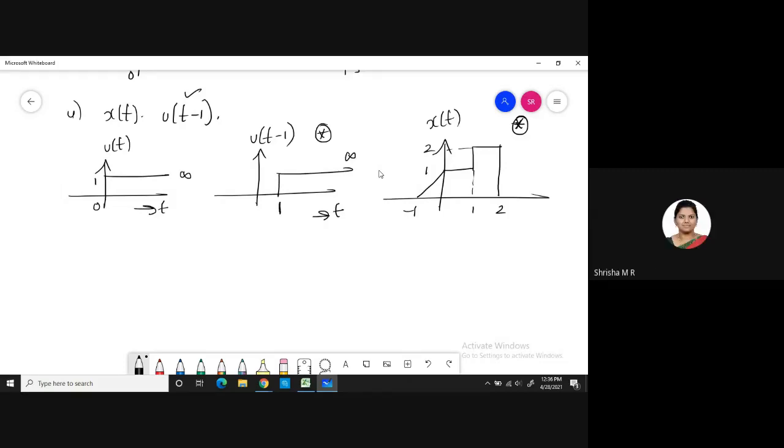If you multiply any waveform with an amplitude 1, you'll get back the same waveform, correct? So the product depends on the existence of u of t between the limits of t. So u of t minus 1 will exist from 1 to infinity, so whatever is the waveform from 1 to infinity, that we will get back here.